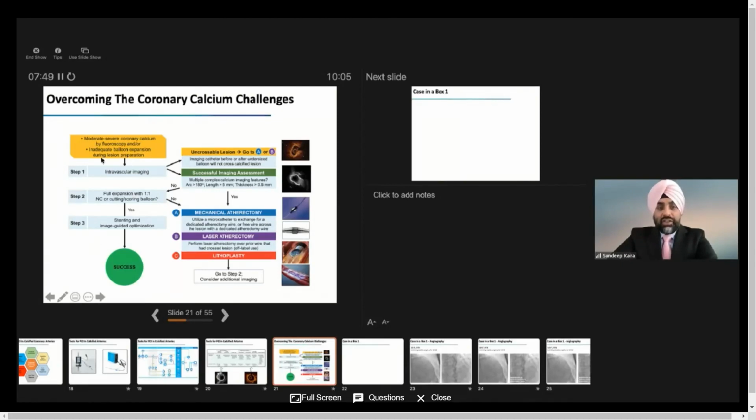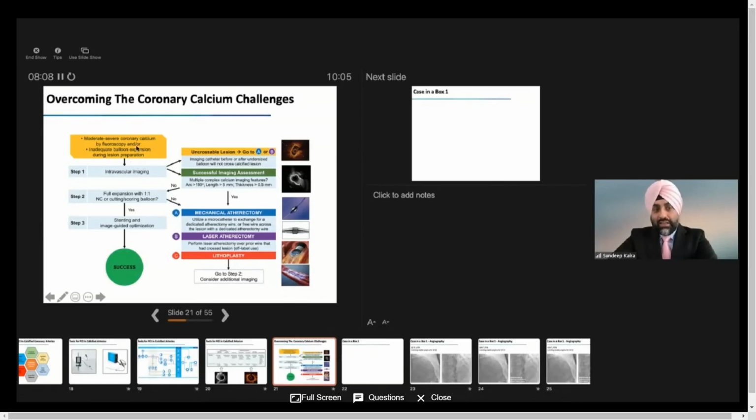So the first thing they said, the entry to thinking about using slightly more advanced tools for modified calcium before you deploy a stent, is if you identify on fluoroscopy that you've got moderate to severe coronary calcium, so if you're essentially seeing tram lines on your angiographic images, or if you get inadequate balloon expansion during lesion preparation.